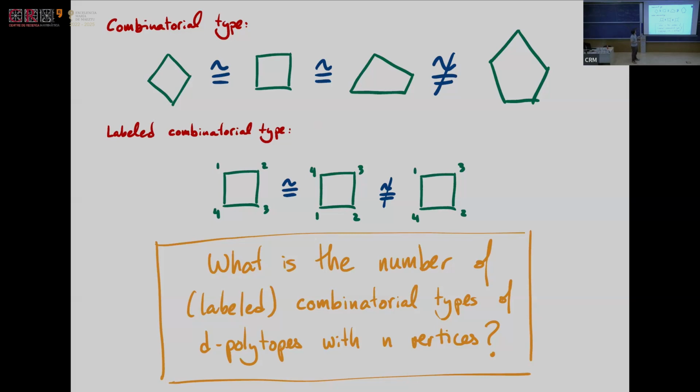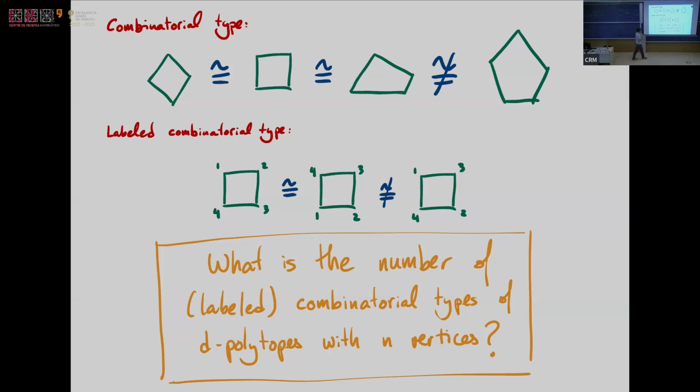So I want to say that all quadrilaterals are equivalent and they are not equivalent to a pentagon. This has some extra hardness, which are symmetries, which again you don't see in the polygons, but when you are counting, you will have to take into account the symmetries of the face lattice if you want to count things to be different.